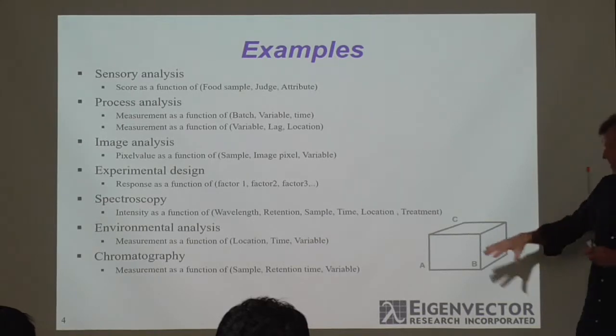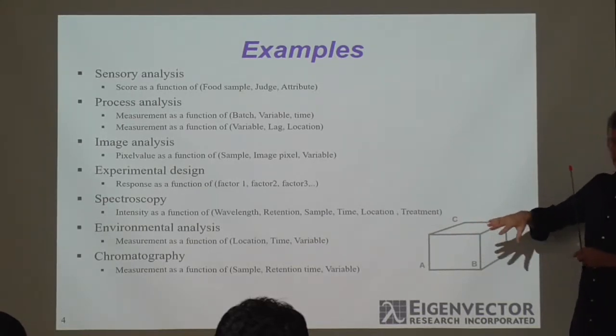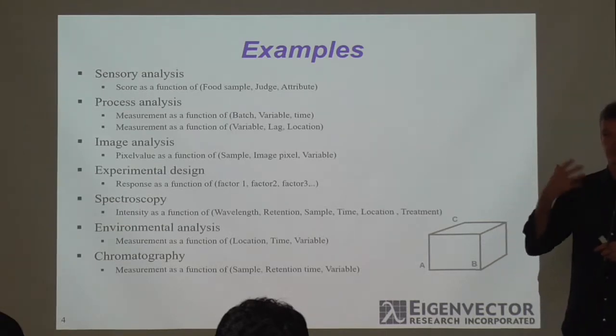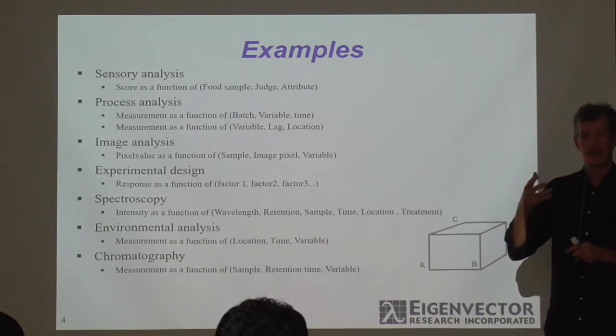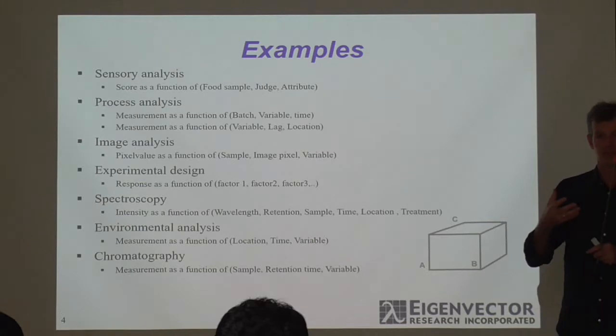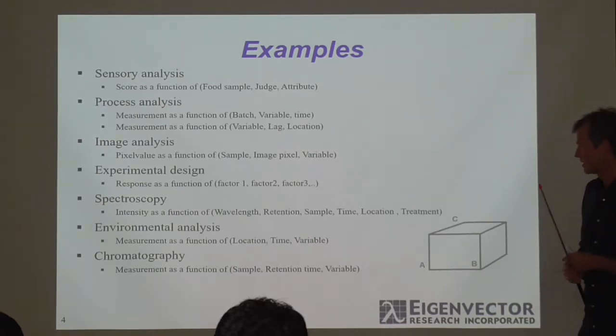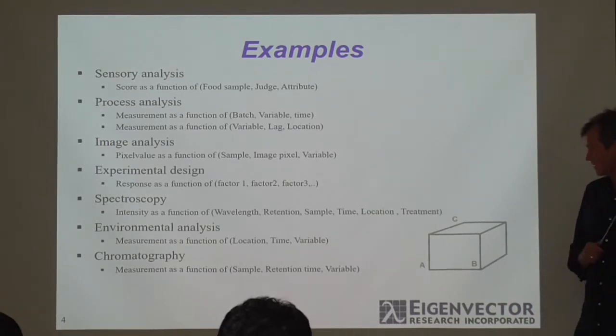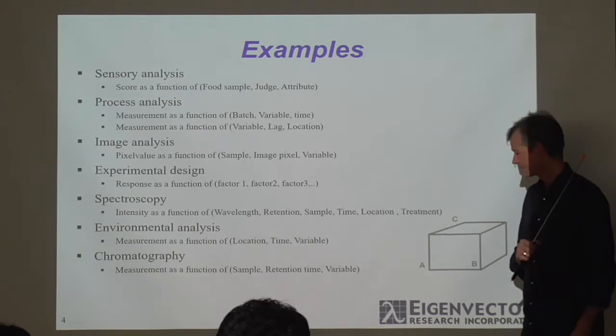But actually, three-way analysis is not very complicated. It's not very different from normal PCA or PLS. It just looks more complicated because the notation is really stupid. We don't have a really nice notation. But don't be discouraged by that, because it really isn't that difficult.